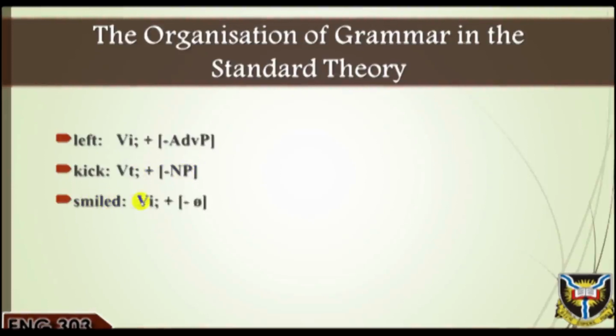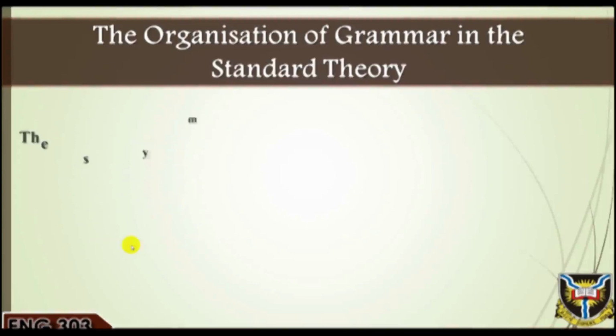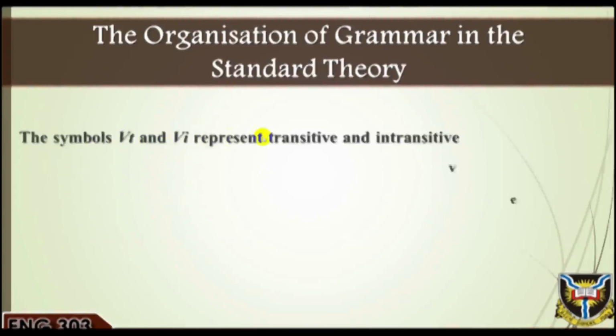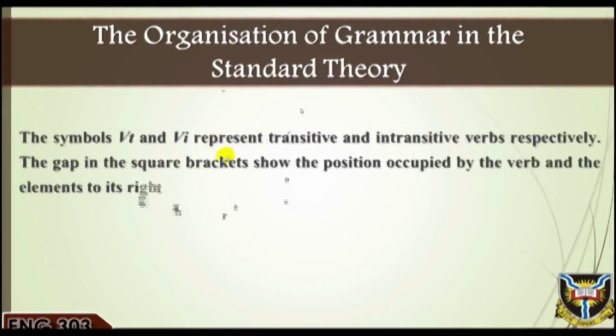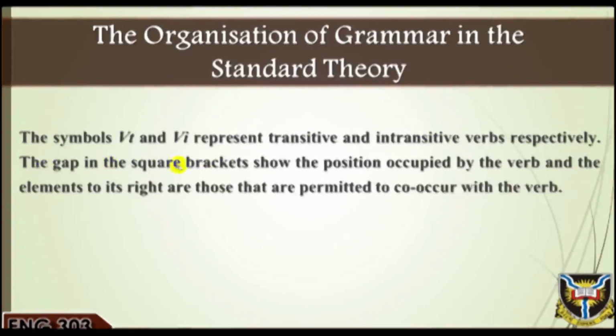Smiled, VI plus [ __ Ø]. Leave, VT plus [ __ NP PP]. The symbols VT and VI represent transitive and intransitive verbs respectively. The gap in the square brackets shows the position occupied by the verb, and the elements to its right are those that are permitted to co-occur with the verb.